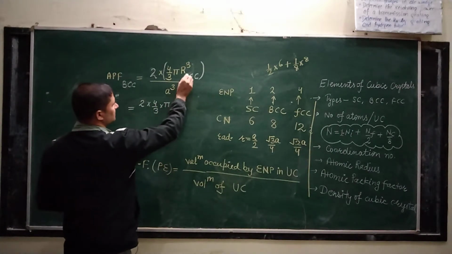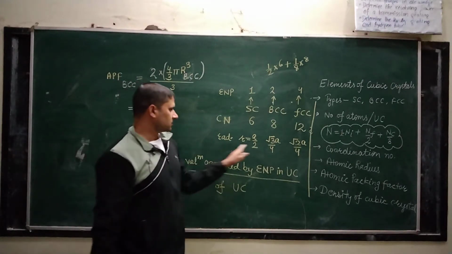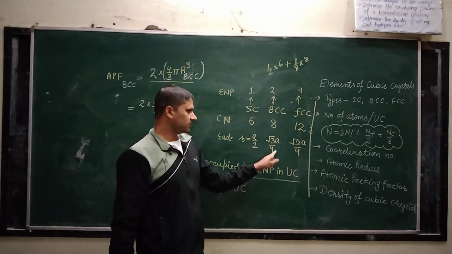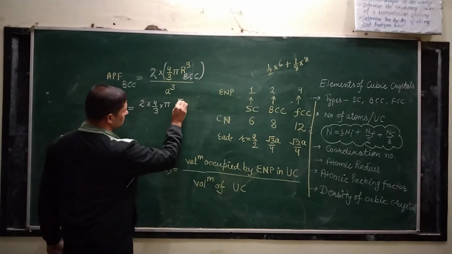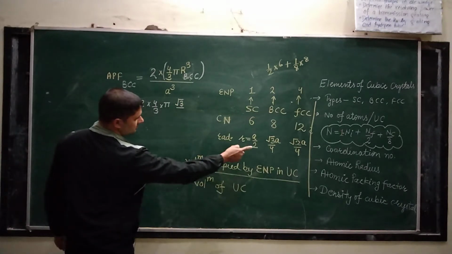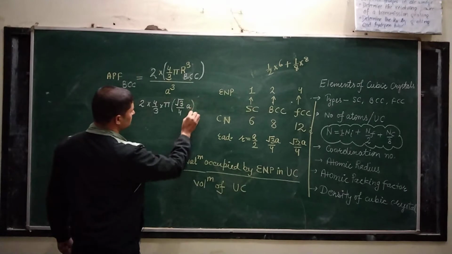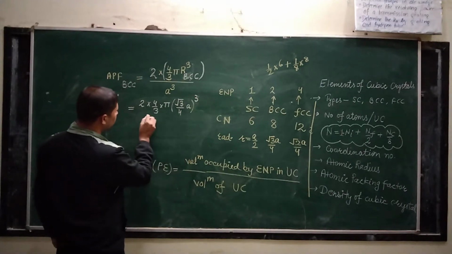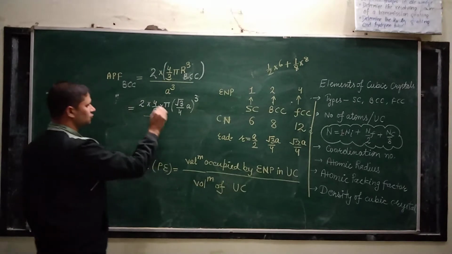This is BCC, body centered cubic, and the radius is √3/4 times A. So here you have (√3/4 into A) cube, divided by the volume of the unit cell, that is A cube.